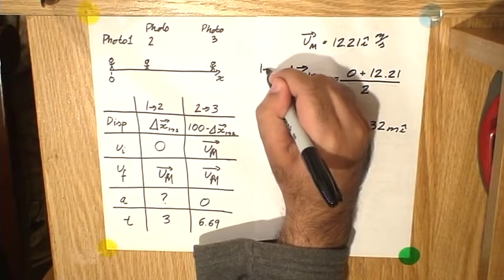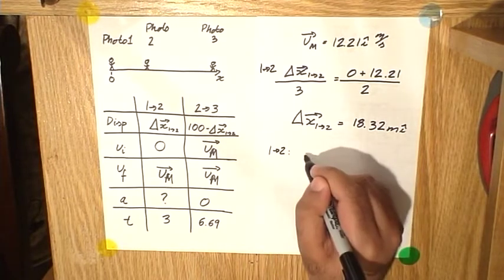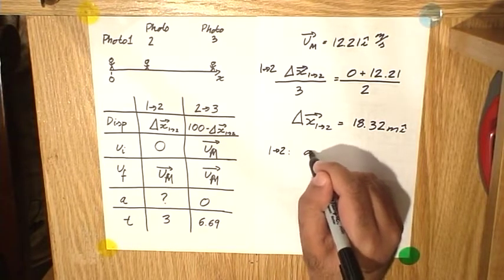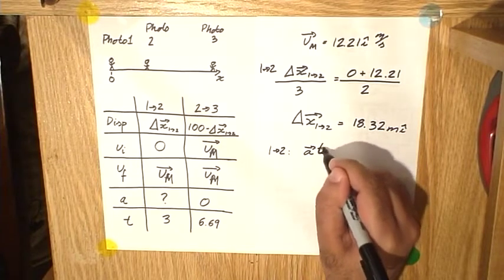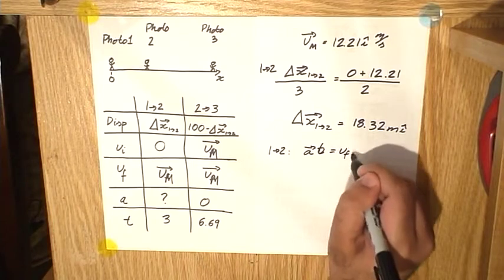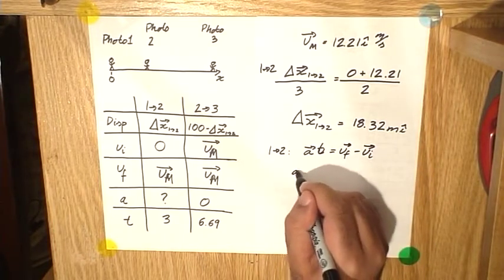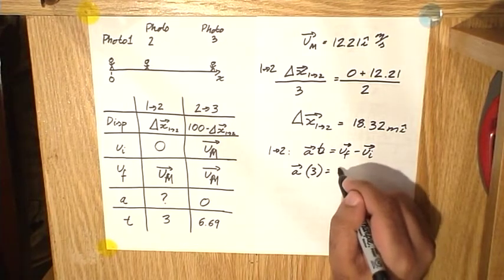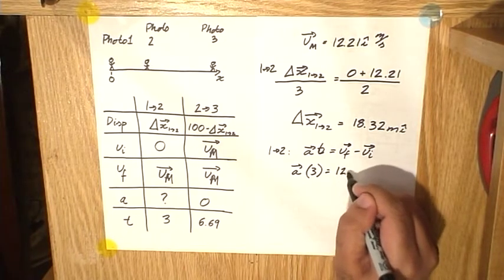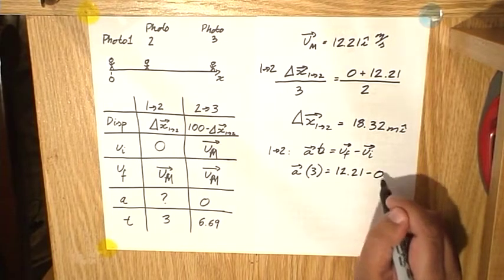By the way, this was from 1 to 2, so I'll maintain that over here. Applying toolbox equation 1 to photographs 1 to 2, that is A T is equal to V final minus V initial. I would get A times T, that's 3, is equal to V final, which was 12.21, minus V initial, which is 0.